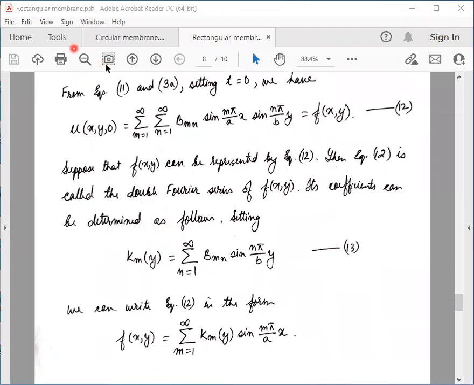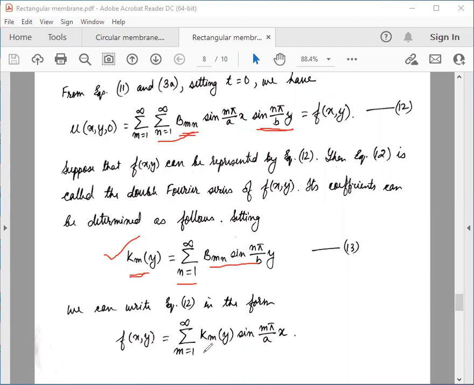First, we take Bmn sin(n pi y by b) and take the summation over n from 1 to infinity, and let us call this Km.